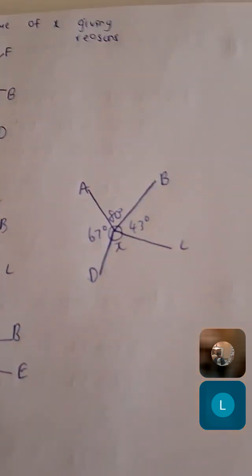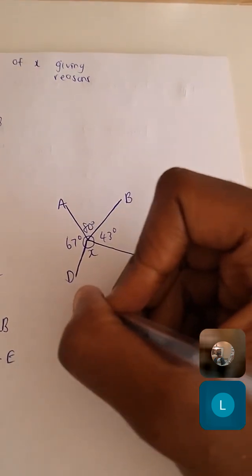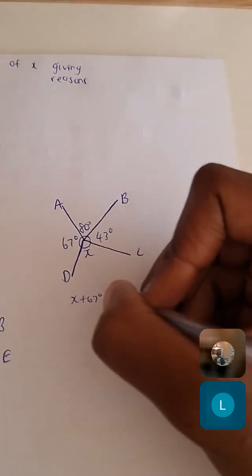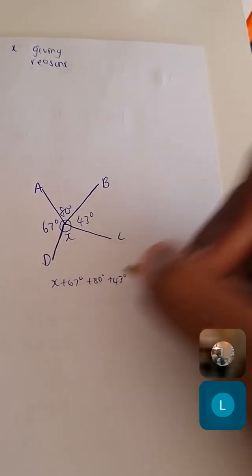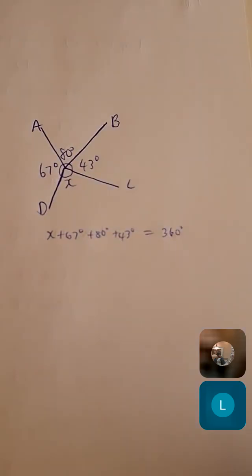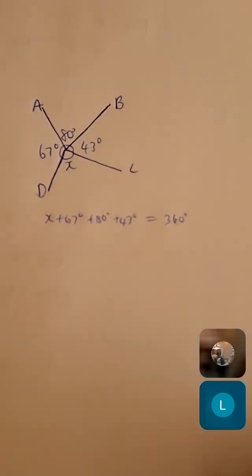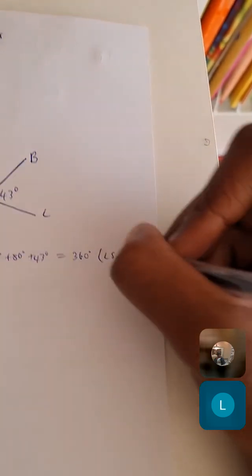So x plus 67 plus 80 plus 43 equals 360. The reason is angles of a revolution, or angles in a rev. Very important, we want to subscribe to that acceptable reason.